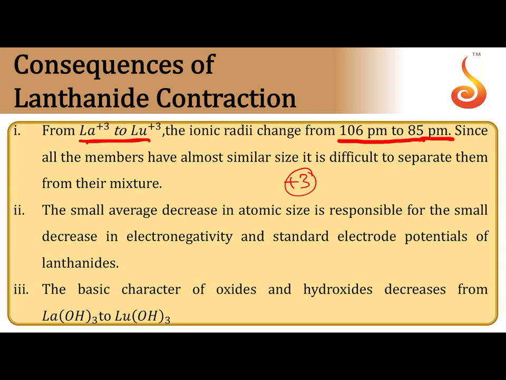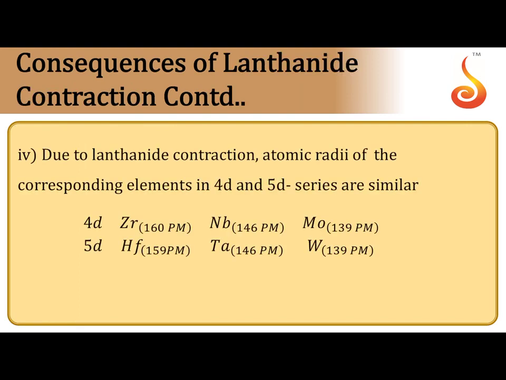Since all the members have almost similar size, it is difficult to separate them from the mixture. The small average decrease in atomic size is responsible for the small decrease in electronegativity and standard electrode potentials of lanthanides. The basic character of oxides and hydroxides decreases from lanthanum hydroxide to lutetium hydroxide.